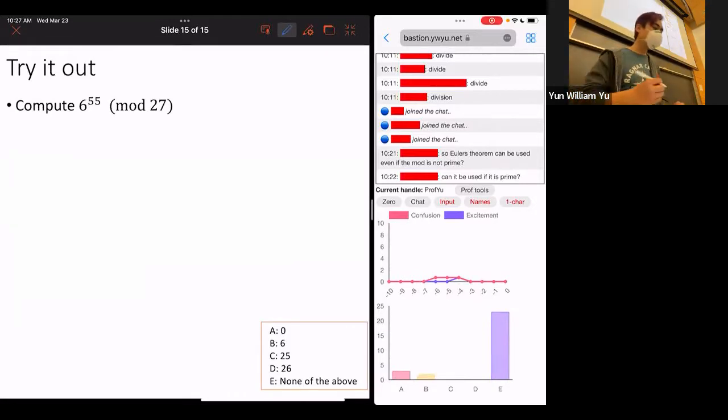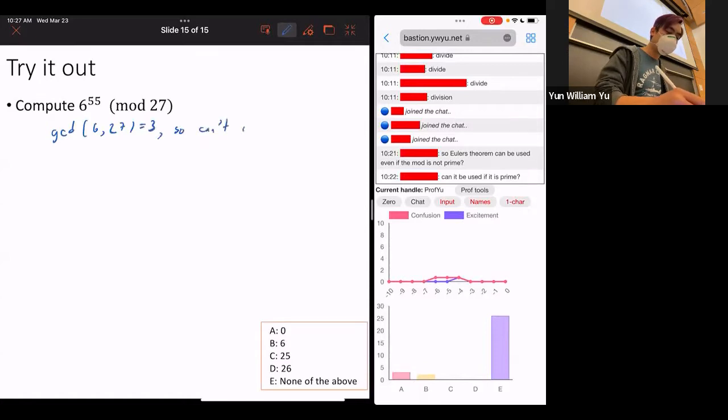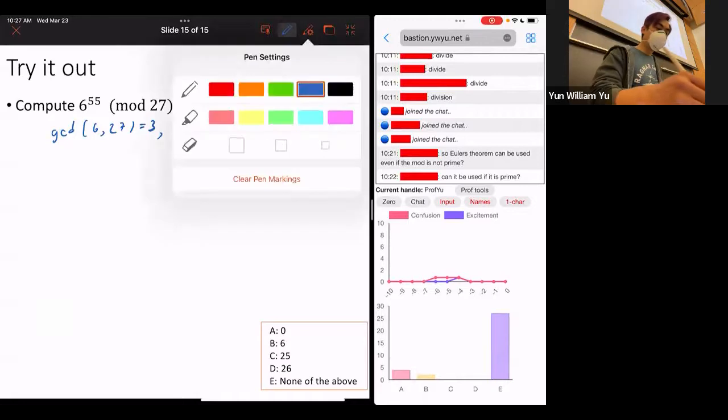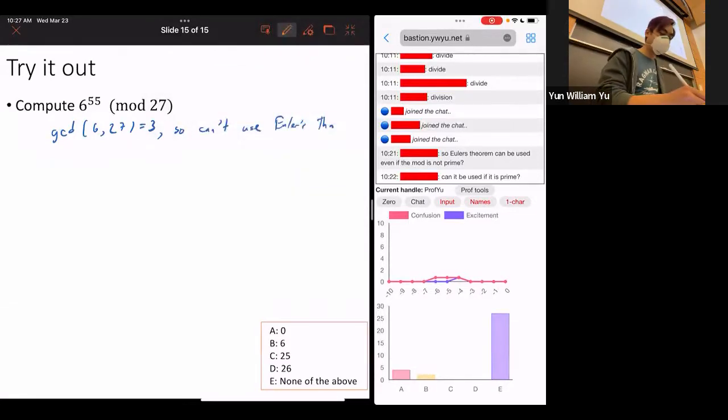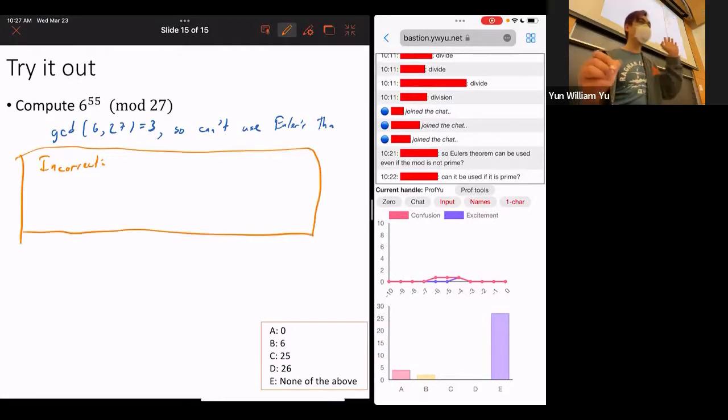So let's try to figure this out. Many of you correctly noted, probably, that the GCD of 6 and 27 is equal to 3. So you can't use Euler's theorem. Well, let's see what happens if we try to use Euler's theorem. So let me put this as incorrect, and let me put a big box, so hopefully it'll be obvious that this is wrong.